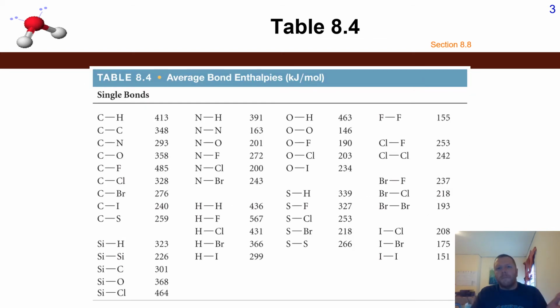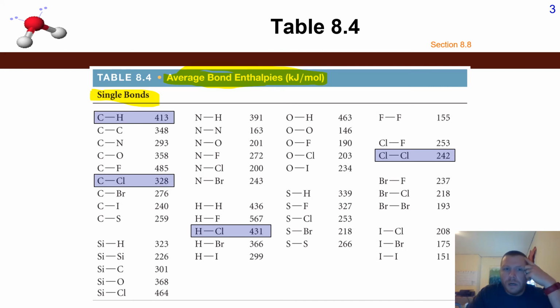This table of average bond enthalpies shows approximately what those energies are. This is specifically showing single bonds, and what we see are the bonds involved in our reactants and our products.